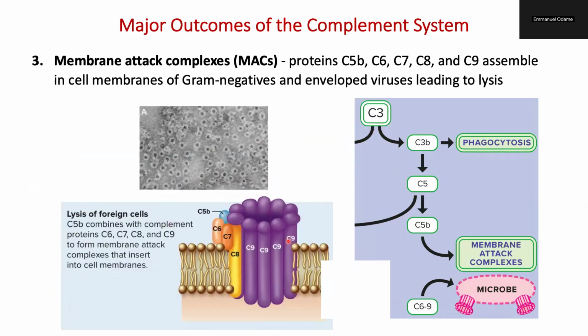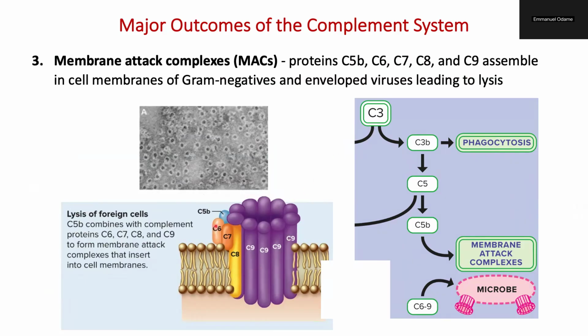The third one is membrane attack complexes. So basically the complement pathway produces proteins such as C5b, C6 up to C9, and they assemble on the surface of gram-negative bacteria and enveloped viruses, as you can see from here.